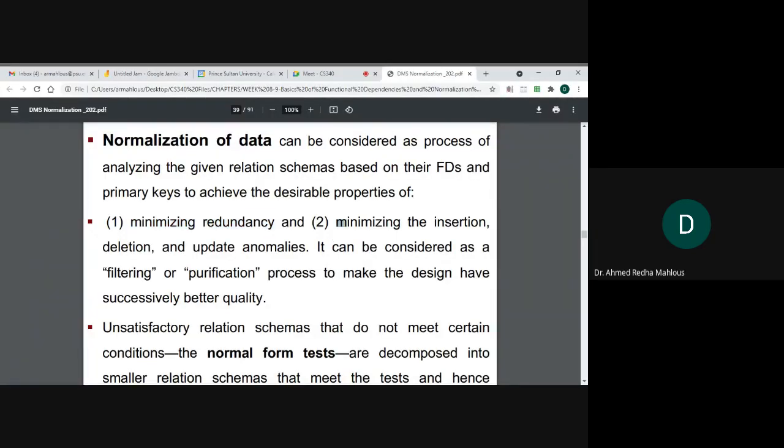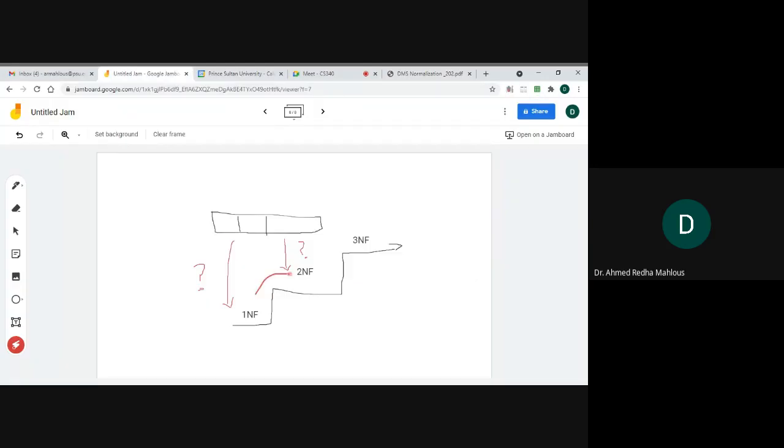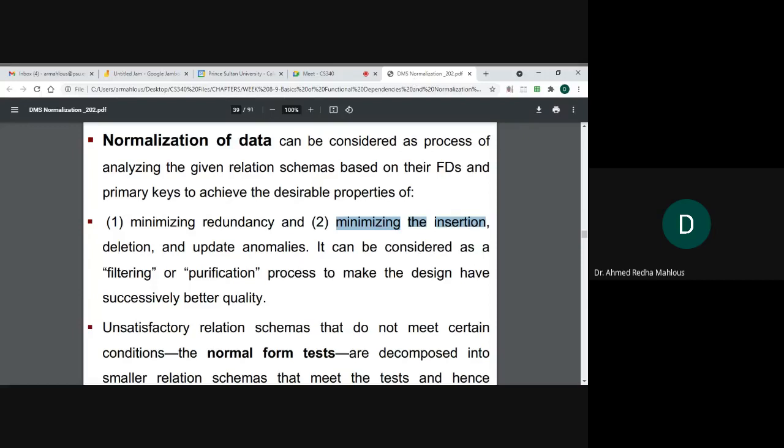And if you remember what we said last time about the anomalies when we do insertion, deletion, and update, you will try to minimize them, because if you don't do this type of normalization, you will have a lot of problems appearing later. So you need to minimize those problems that might happen later when you try to populate, to put your data inside your database.